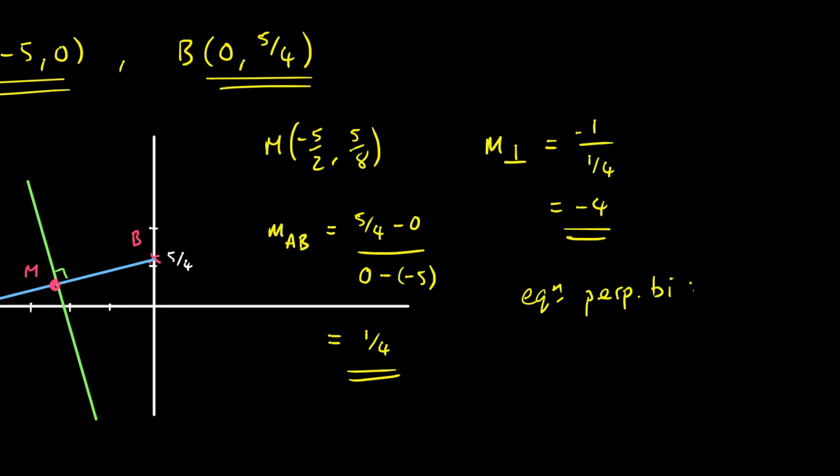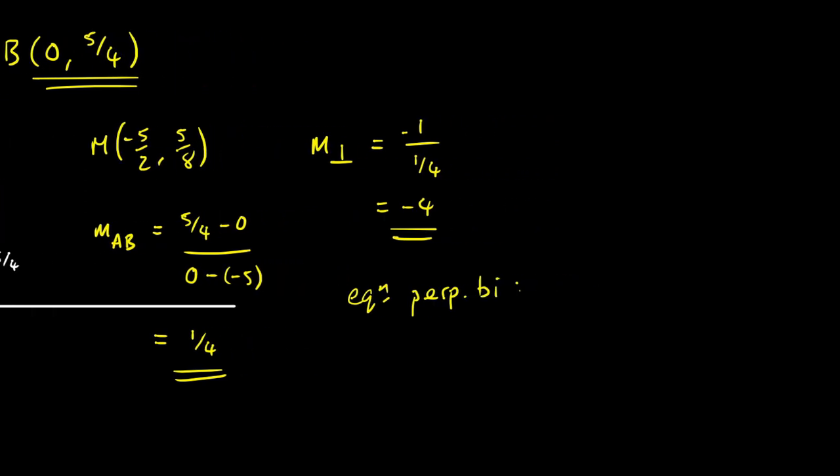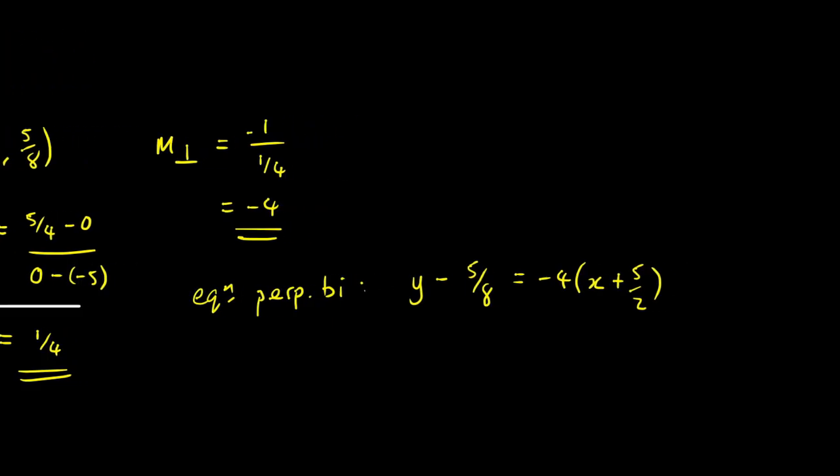Okay, y minus y1, so y minus 5/8 is equal to m, which is -4, times x minus x1. So x minus -5/2, so x plus 5/2. Okay, now that's actually already good enough, right? That is already the equation of the perpendicular bisector.